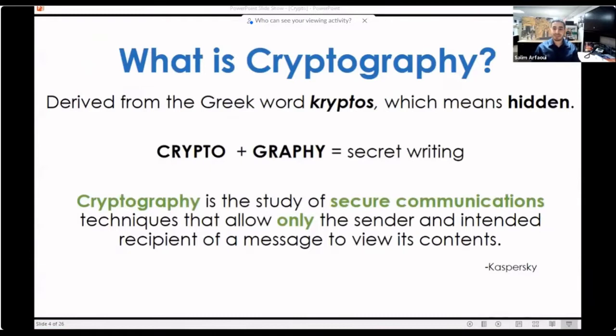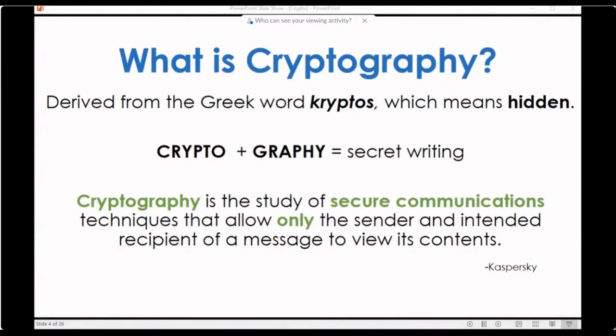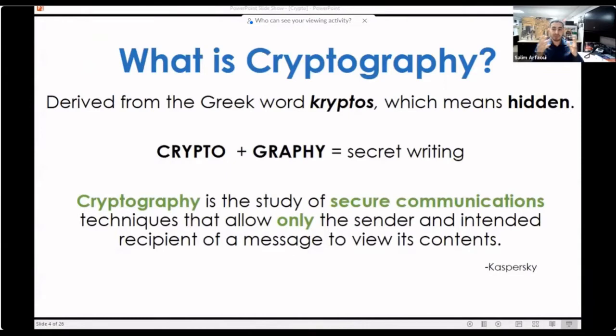Cryptography is a method of protecting information and communications through the use of codes, so that only those for whom the information is intended can read and process it. The word crypto comes from the Greek word kryptos, and it means hidden.